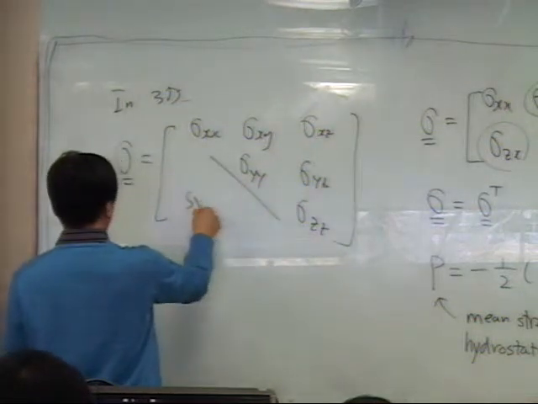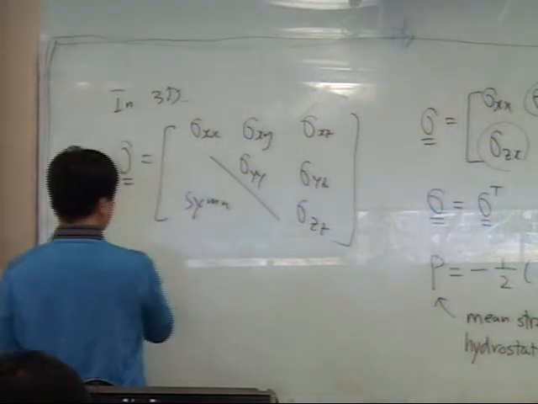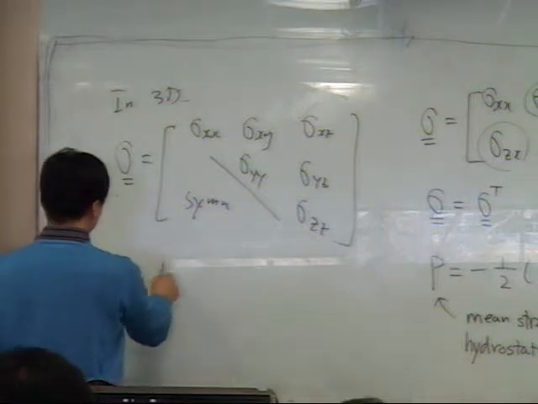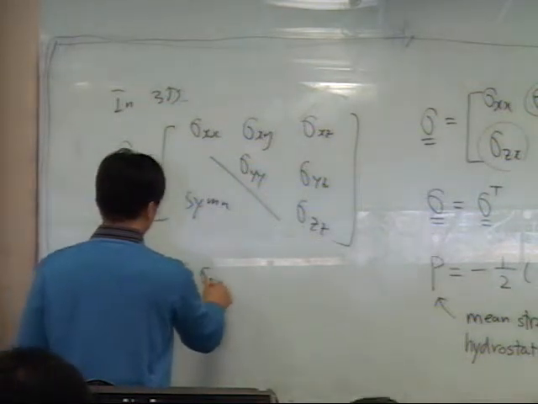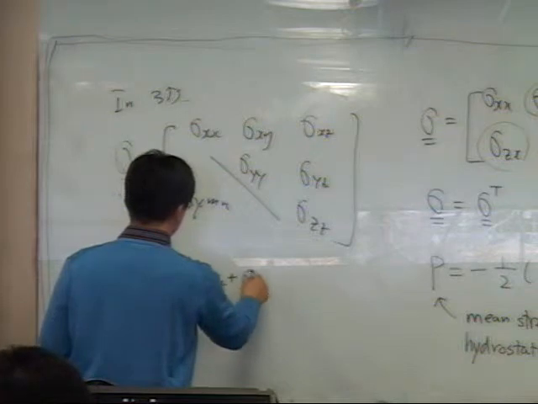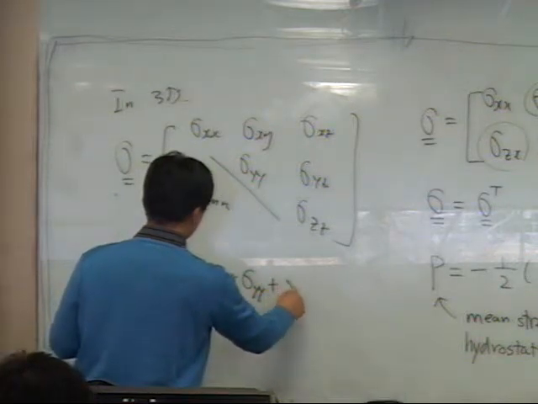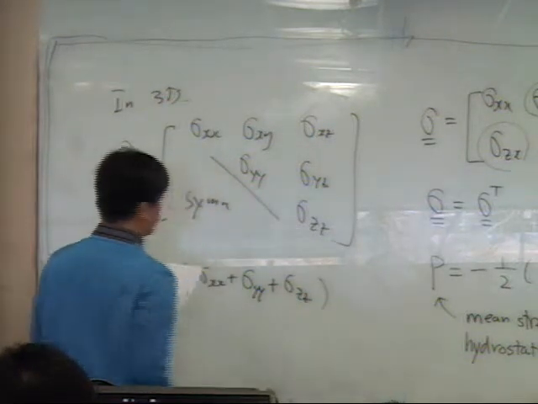This is symmetric. And the mean stress is going to be 1/3 of (sigma xx plus sigma yy plus sigma zz). Okay?